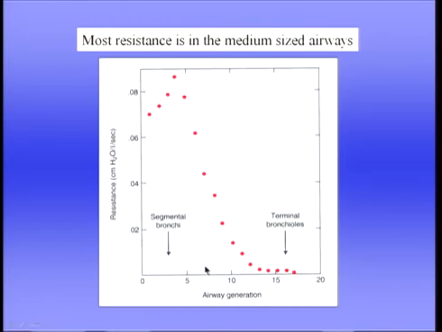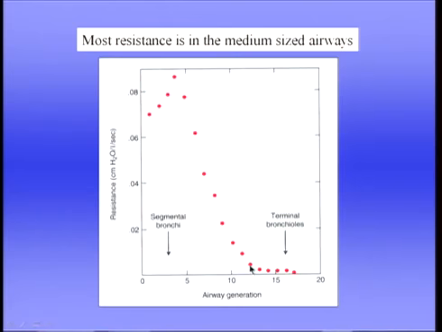And you can see, as you might not expect, and certainly it was a bit of a surprise when this was shown experimentally, most of the resistance is in the medium-sized airways. And the very small airways down here contribute a very small amount of the resistance. Remember I said there were more than 50,000 terminal bronchioles, and this region contributes very little resistance.